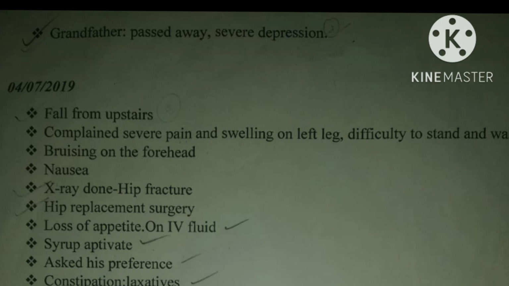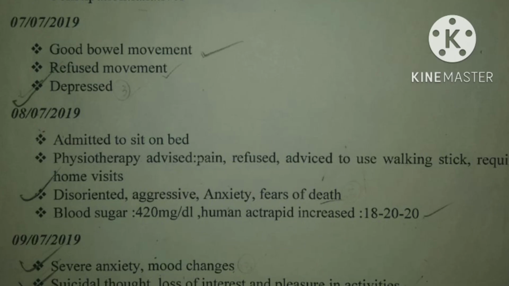Constipation, then laxatives were given. Then on 7/7/2019, good bowel movement, refused movement, depressed. On 8/7/2019, admitted to sit on bed, physiotherapy advised, pain refused, advised to use walking stick, required home visits, disoriented, aggressive, anxiety and fears of death.